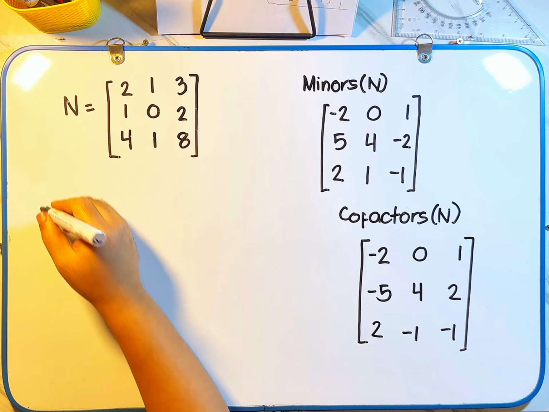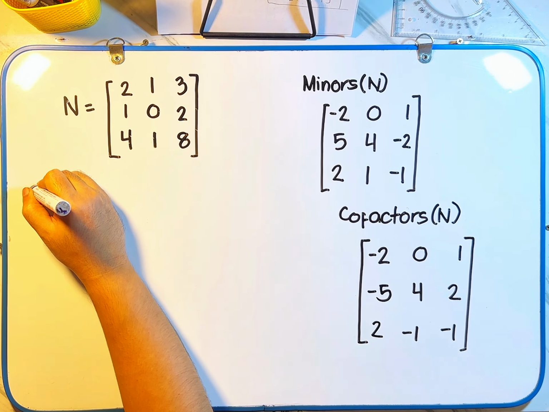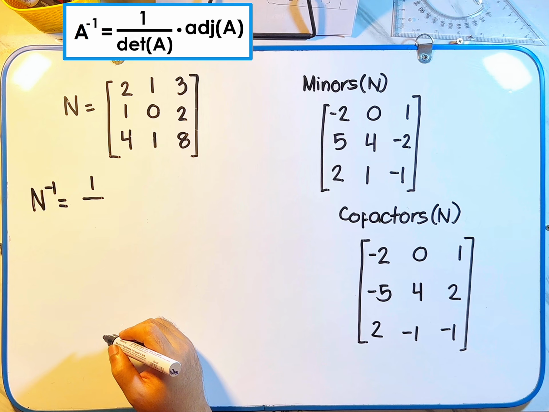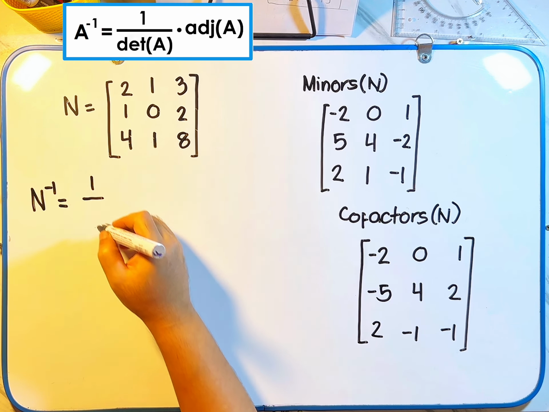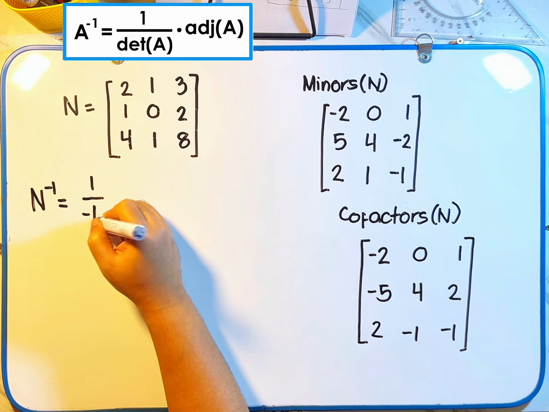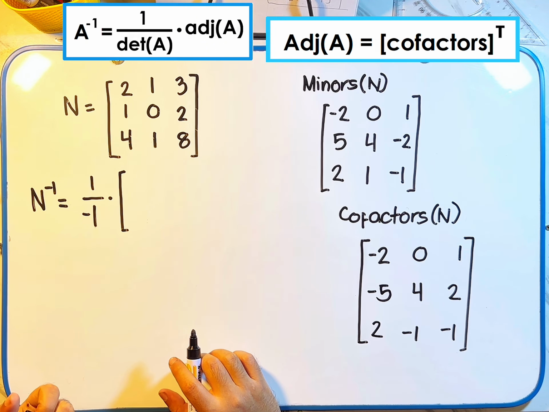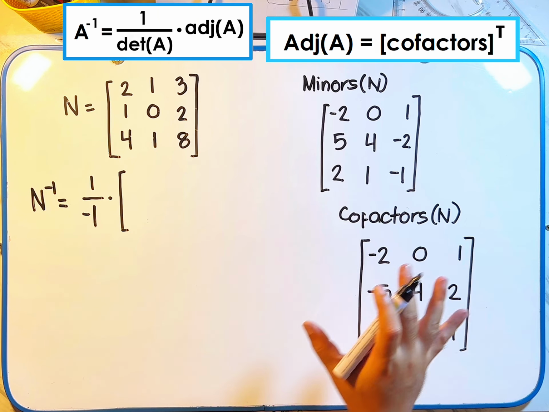Now, we can now solve for the inverse of our matrix N. So the inverse is equal to, following the formula, 1 divided by the determinant of matrix N, which we have solved earlier, which is equal to negative 1. And then times the adjoint matrix. And the adjoint matrix, according to the formula again, is equal to the transpose of the cofactors.